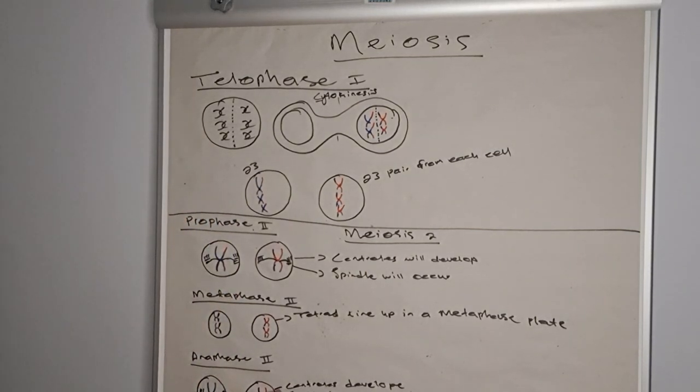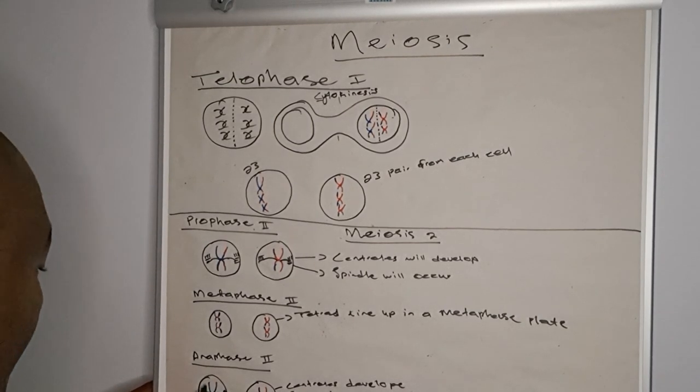In anaphase 2, we know that centrioles develop, and then meiotic spindles also develop so that it can pull apart. So this is just what is happening in anaphase.